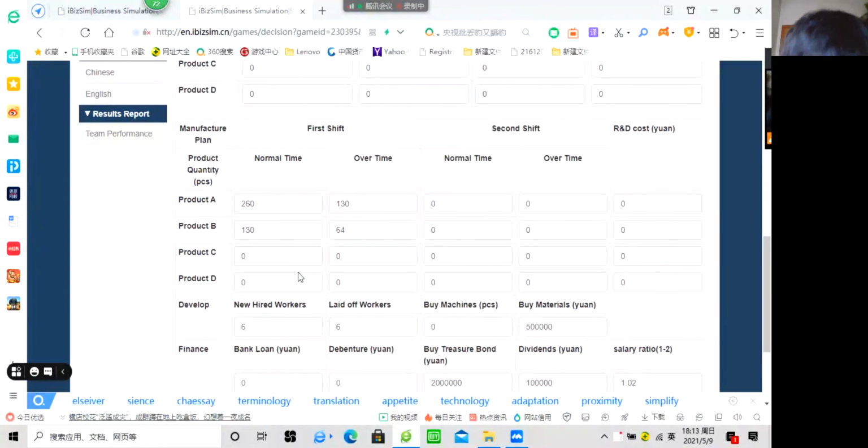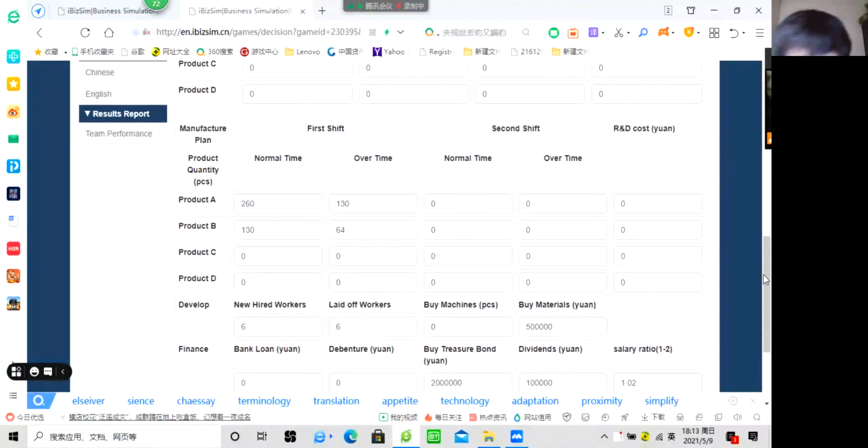So 75% of 194 can be transported into the market. But the other 25%, that means 0.25 times 194, will be stored in the Kathmandu factory.